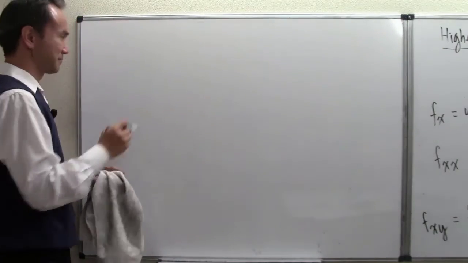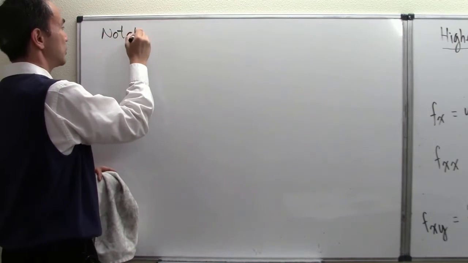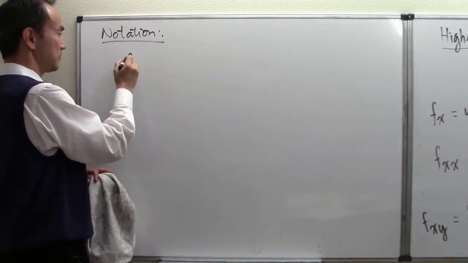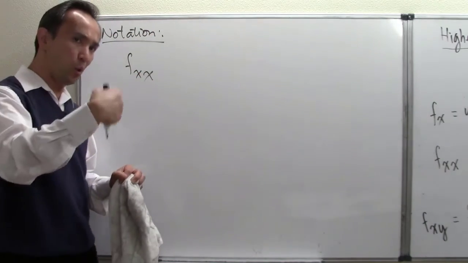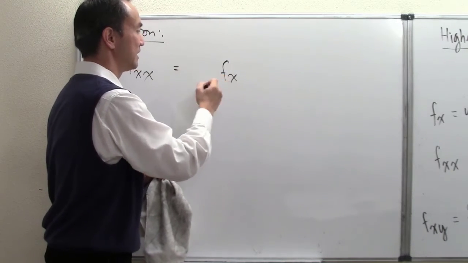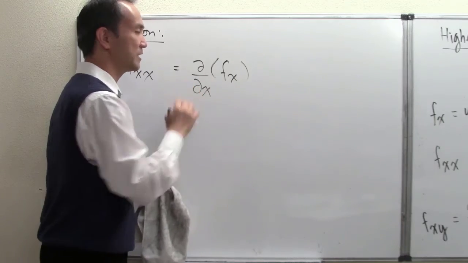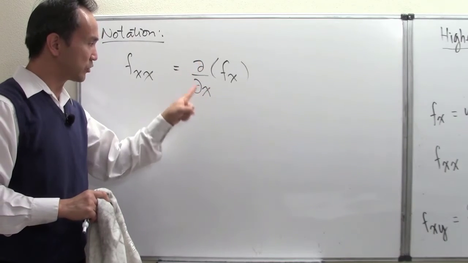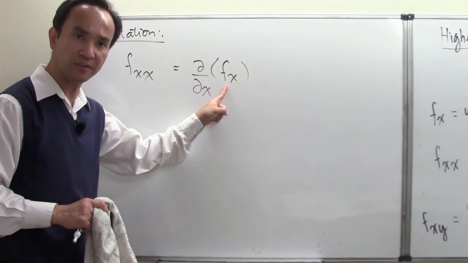A little bit about notation, because we're starting to get into higher order partial derivatives. Recall that f sub xx that I indicated earlier on the board. The order of the work I did is that it has to be f sub x, and then we take the partial derivative with respect to x further, from an already found f sub x.